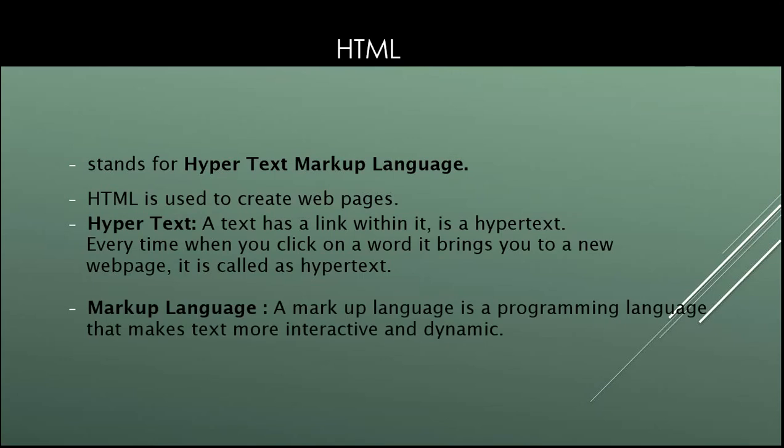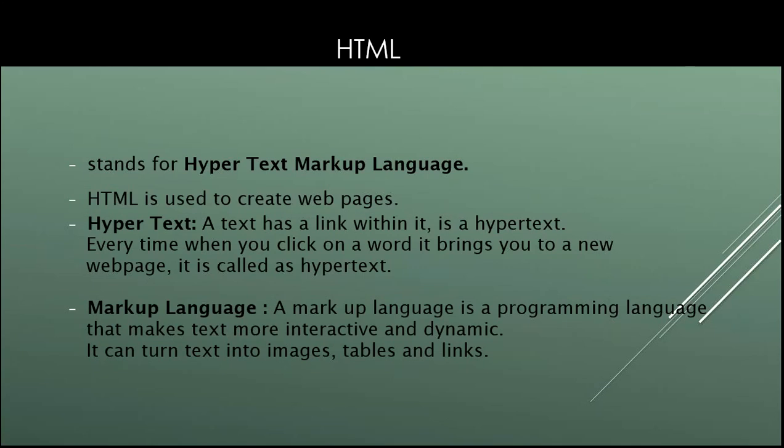And markup language is nothing but another language that makes text more interactive and dynamic. That means we can turn the text into images, tables, and links also. Instead of clicking on a simple word, if we click on an image also, we will be able to redirect to another web page, and we can create tables and links using the markup language.